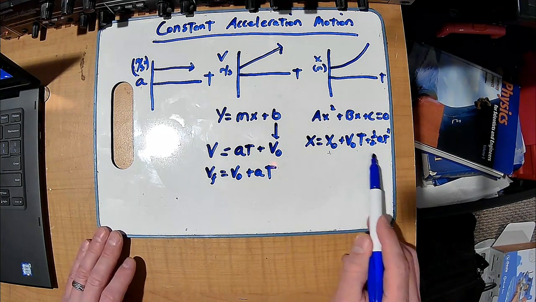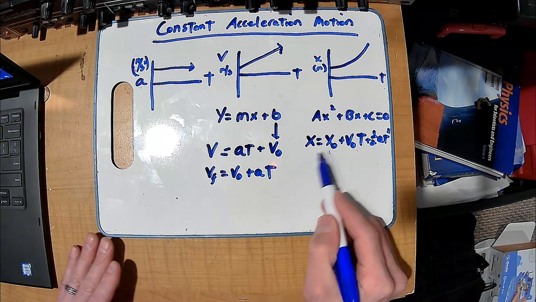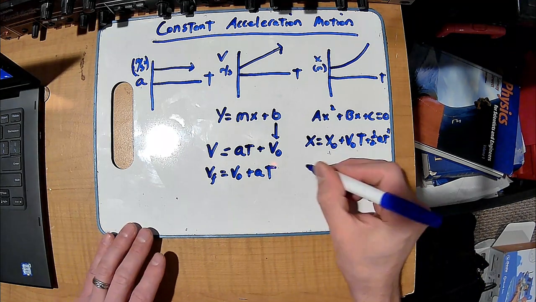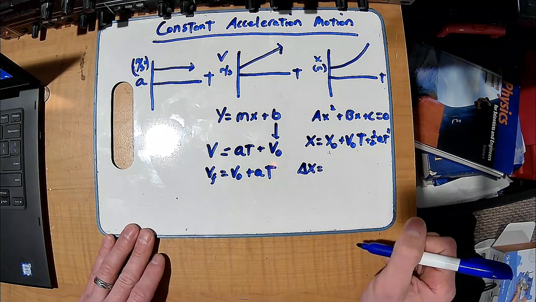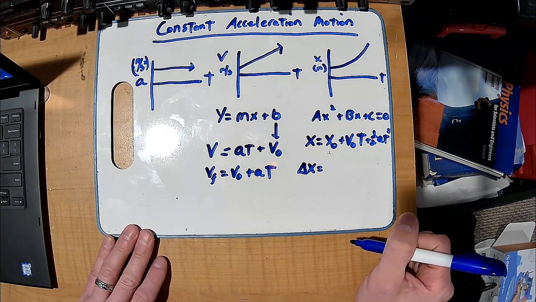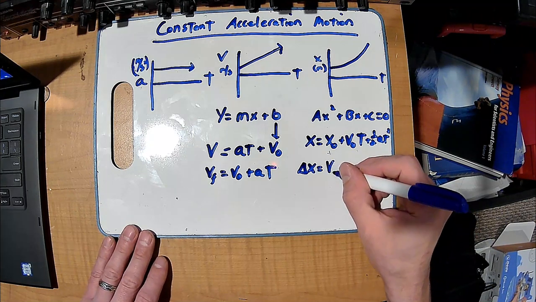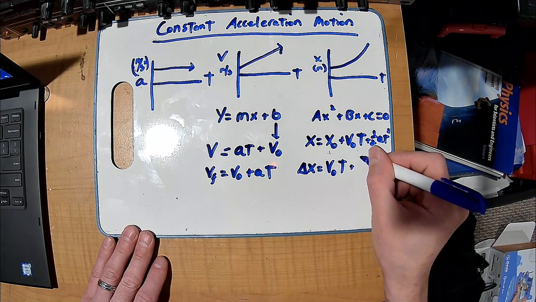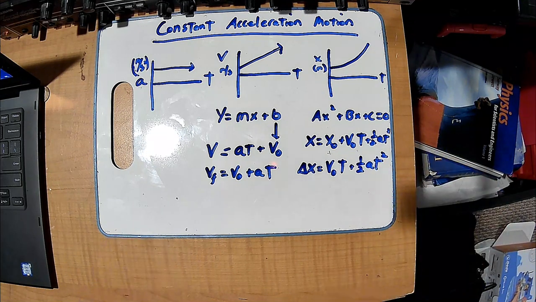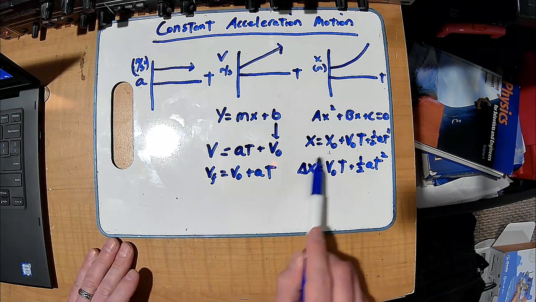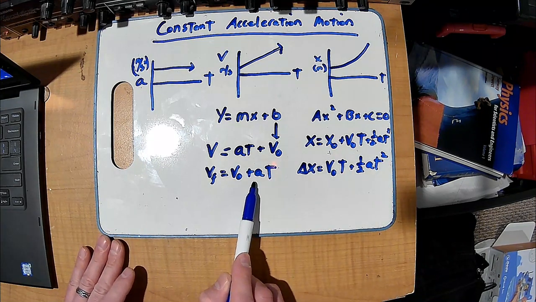This is a quadratic function, and if we subtract x naught from both sides, we could rewrite it in the form we saw in class, which was delta x, the change in position, the displacement, equals v naught t plus 1/2 at squared. Now, for those of you that are in calculus, you could prove, for example, that the derivative of this function gives you this.